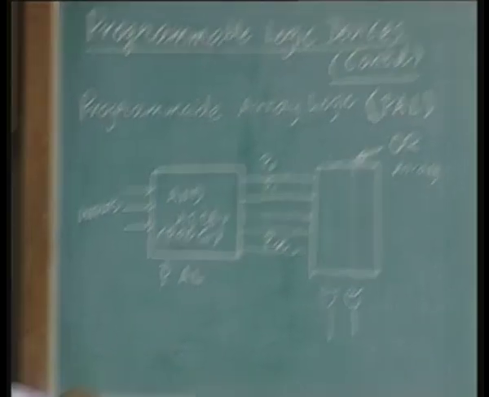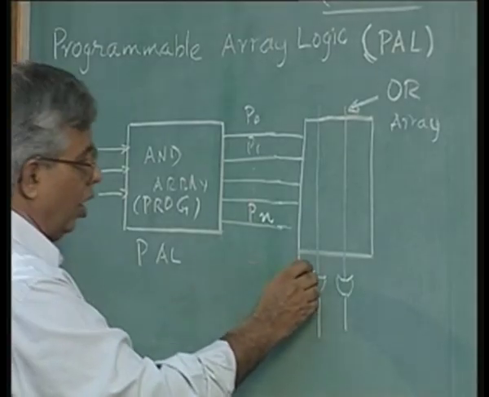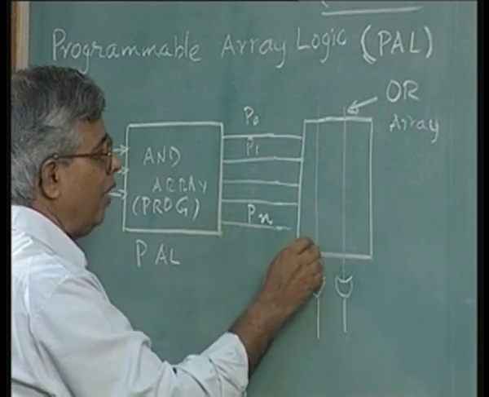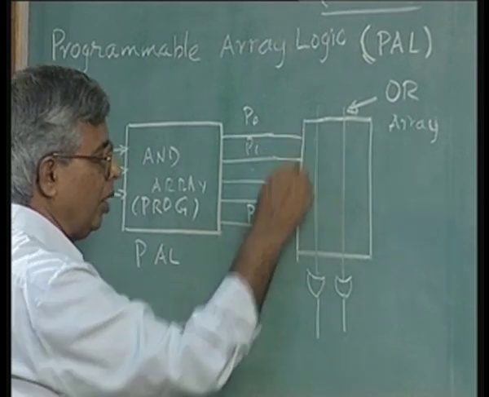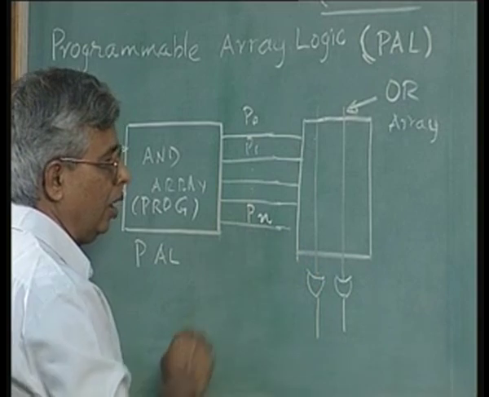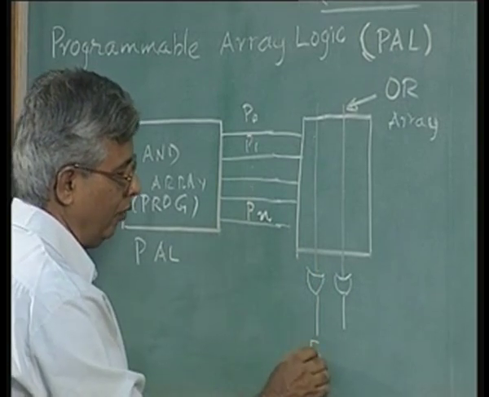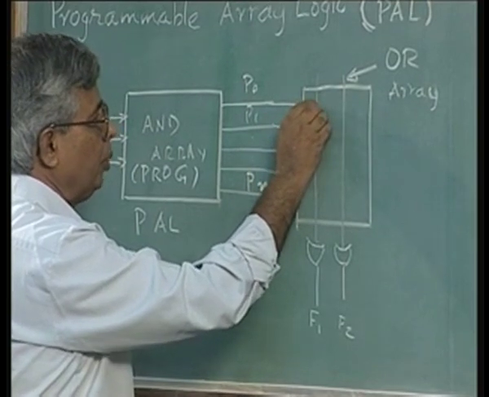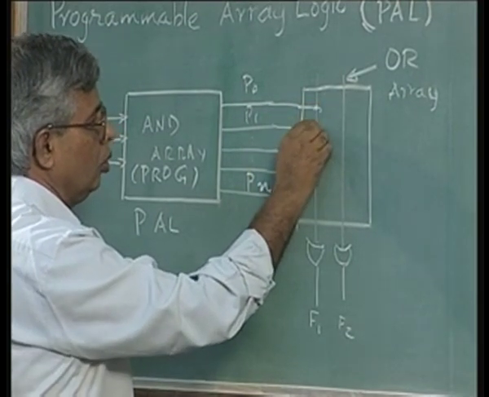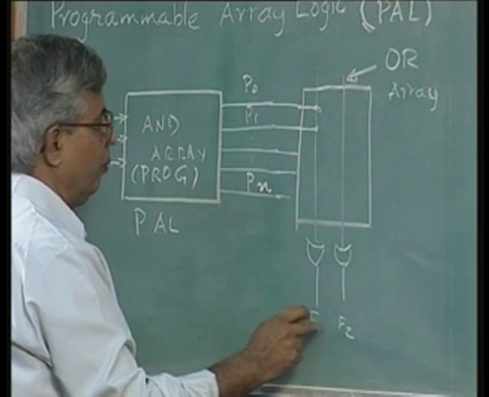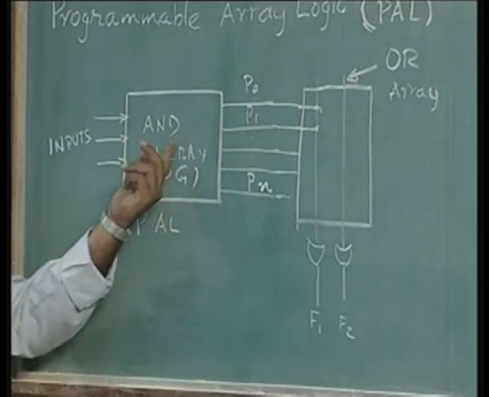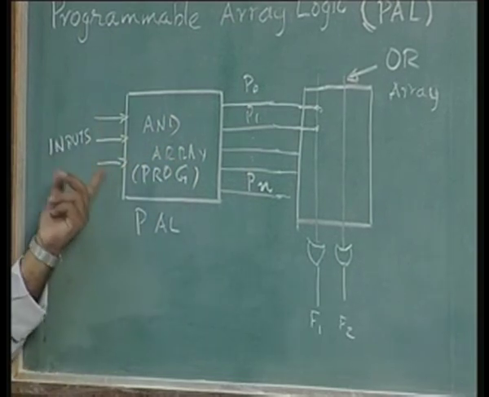The difference lies in the fact that the OR gate inputs are fixed. That means we can only have a specific product term as input to a particular OR gate. For example, if you call these F1, F2, F1 will say P0 and P1 alone will be connected to F1. You have a choice of implementing P0, P1 using a programmable AND structure from the inputs.